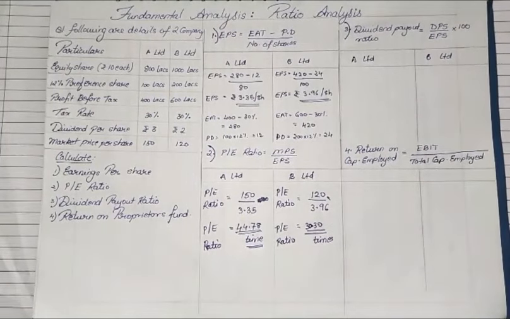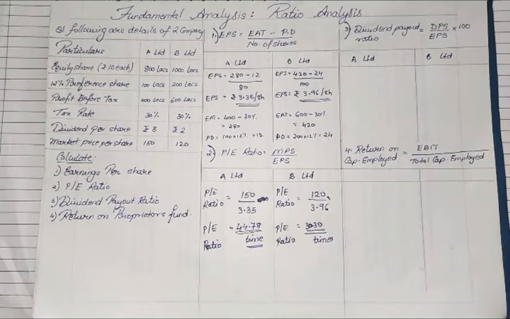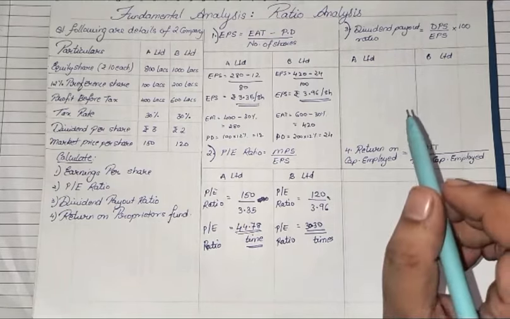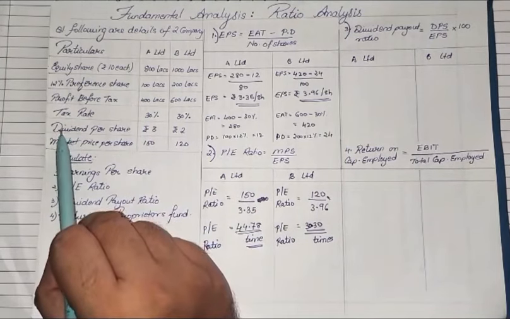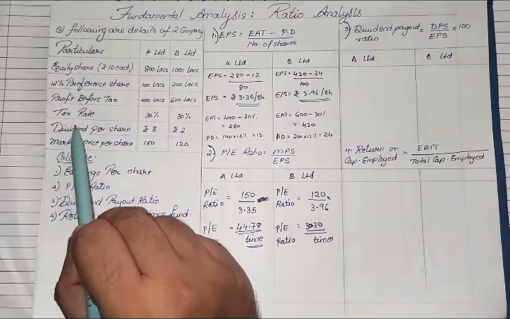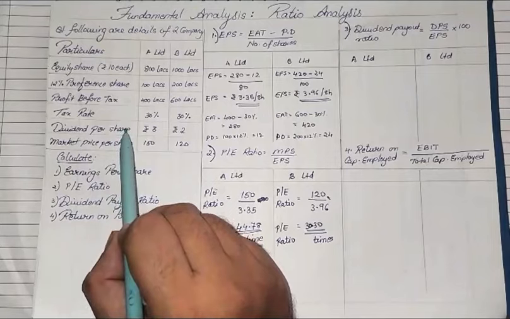Now, first of all, we need to find dividend per share. Okay, we need to find DPS for A Limited and for B Limited. Now, if you look in the question very carefully, I can see here something written as dividend per share. So we already have DPS given in the question.